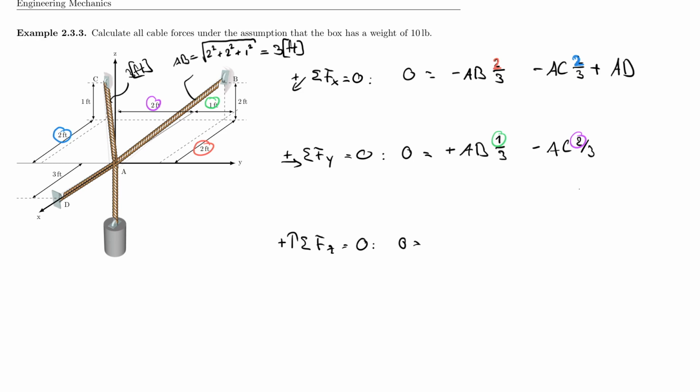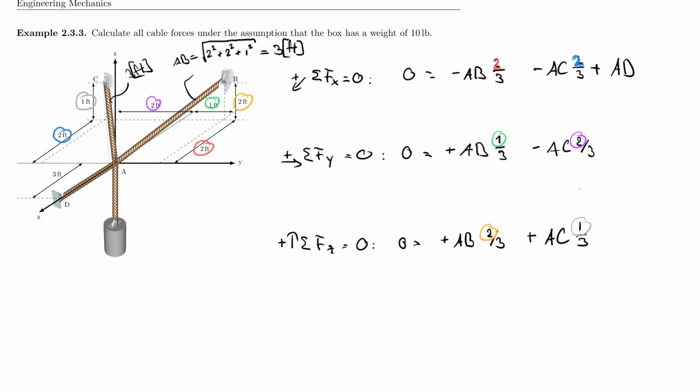Now for the Z direction, I have plus AB times 2 divided by 3. And yet another color. So let me color code that as well. That's this one. And for AC, I divide it by 3 and multiply it by 1. And that one is our last number to identify.